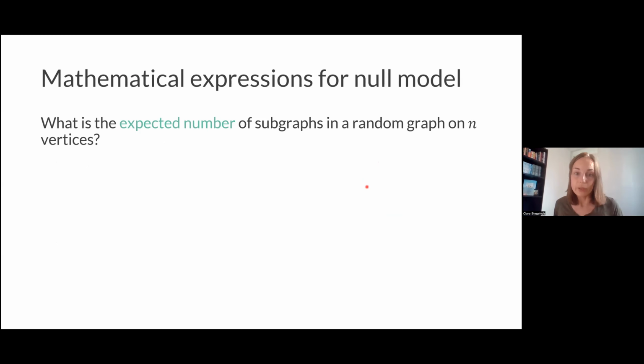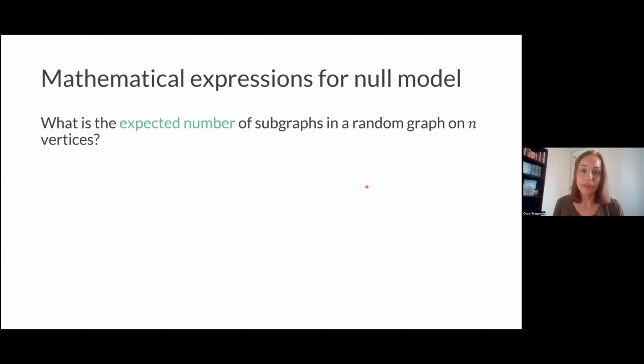what would be useful is, if I have a data set, to find out whether this specific motif is significant or not. Does it appear more than expected or not? What would be useful is a mathematical expression which says that, given a subgraph such as a square, how often do I actually expect to see this square?